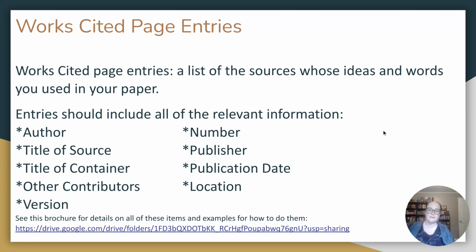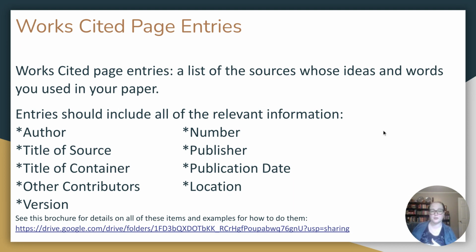So you'll have in each entry all of the relevant information that you can find. Author, if there is one, the title of the source, if there is one, the title of the container. So basically a container is like if you found an article in a magazine, the magazine is the container of the article. So anything that contains the source as part of it is a container.